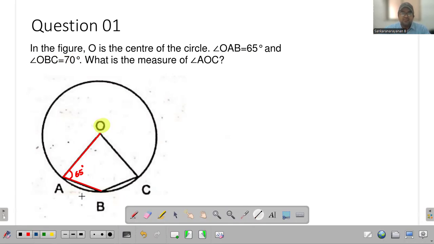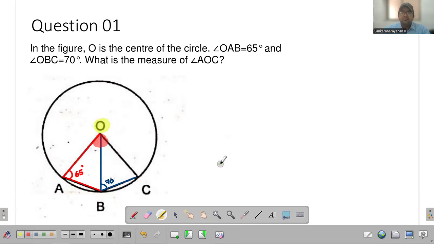So OBC, O to B, and then B to C, this angle, they have indicated that it is equal to 70 degrees. And you are asked to find the measure of angle AOC, A to O, O to C. So this angle, I shall indicate it. This angle, that's what they are asking you to find.